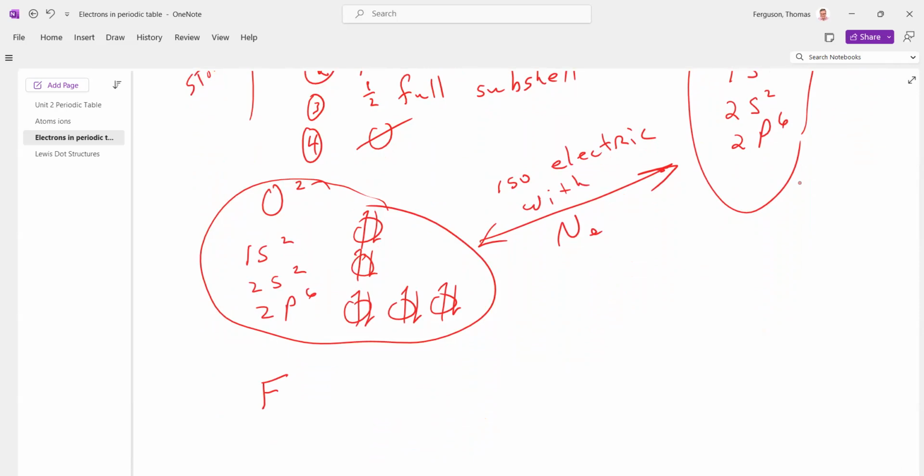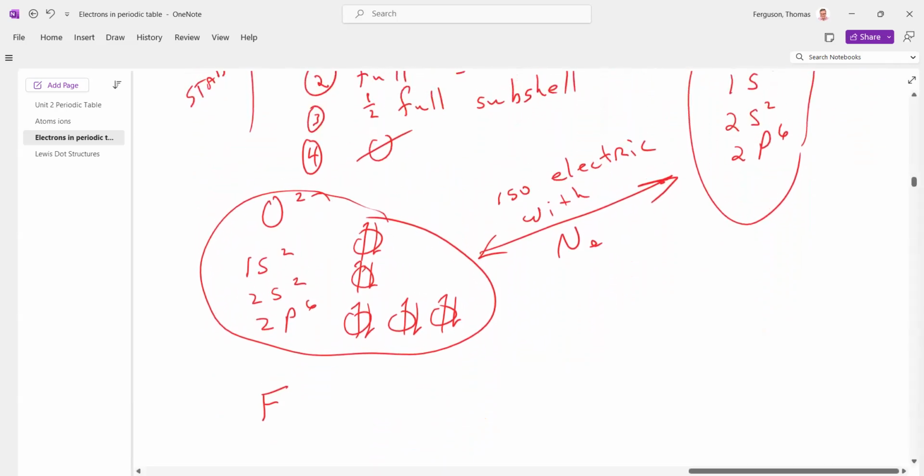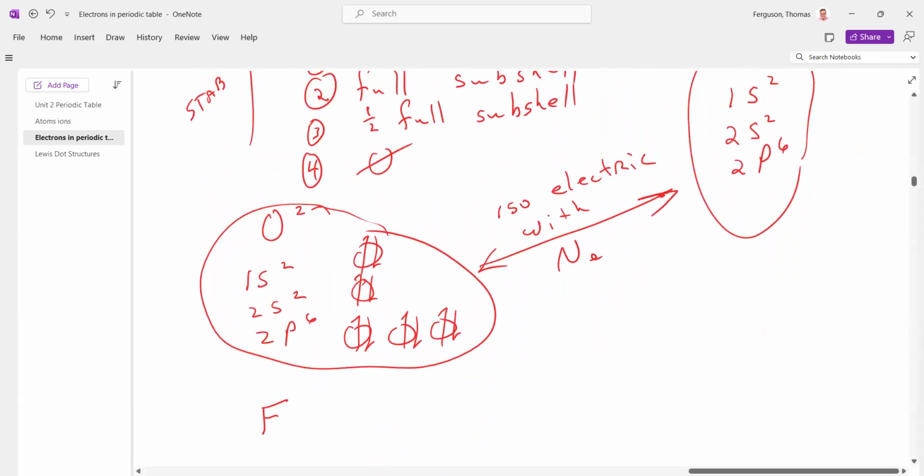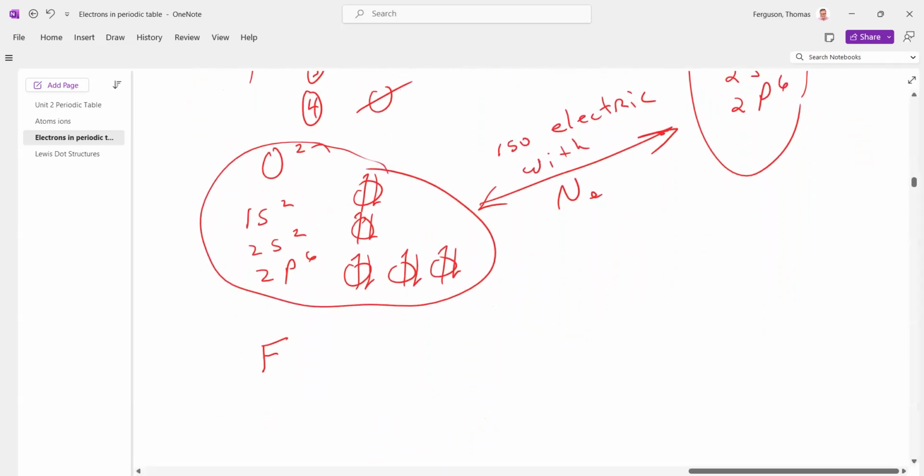Let's look at fluorine. How many electrons does fluorine have? 9 electrons. Nine electrons, okay? We've accounted for 4, that means there's 5 more.